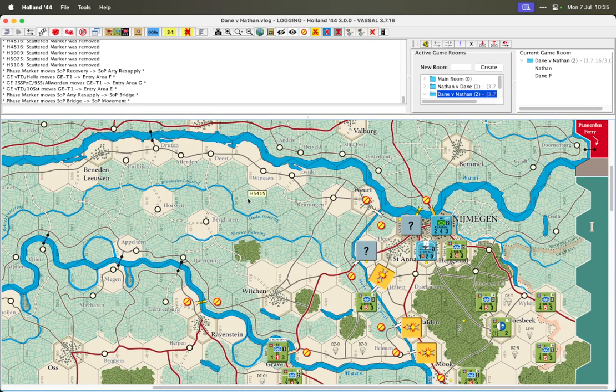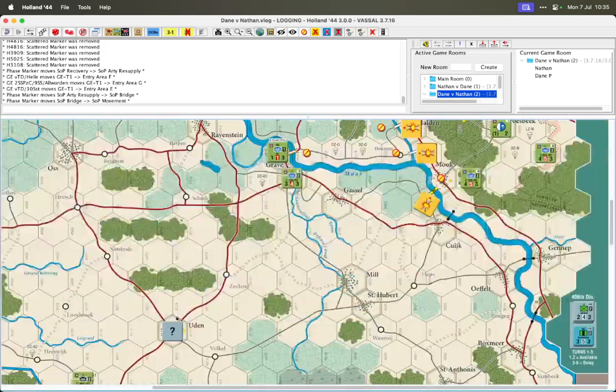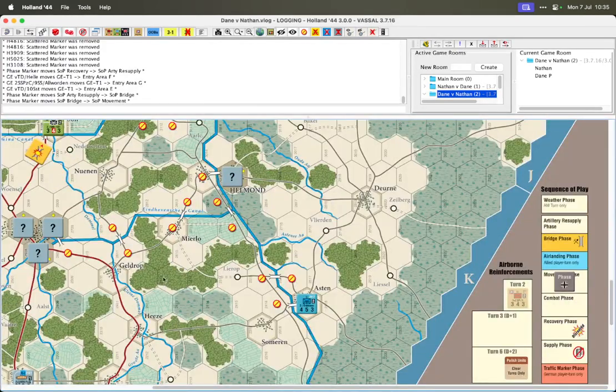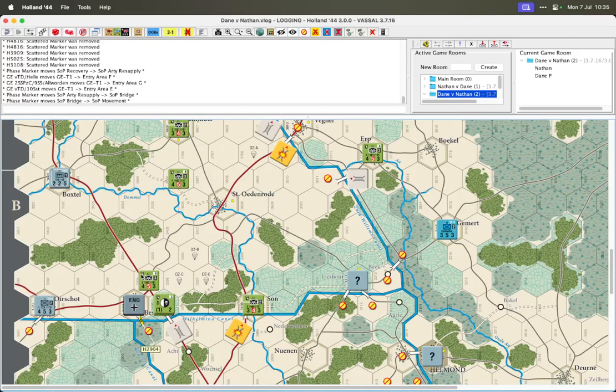Because then, I mean, you could take all of Arnhem, but the German has enough to just set up a ZOC wall all along the river, or everywhere the ally might want to cross. I've seen that happen. Or I've seen it happen where neither Vagel nor Son nor any bridge gets blown. That's bad. I call that the money fantasy.